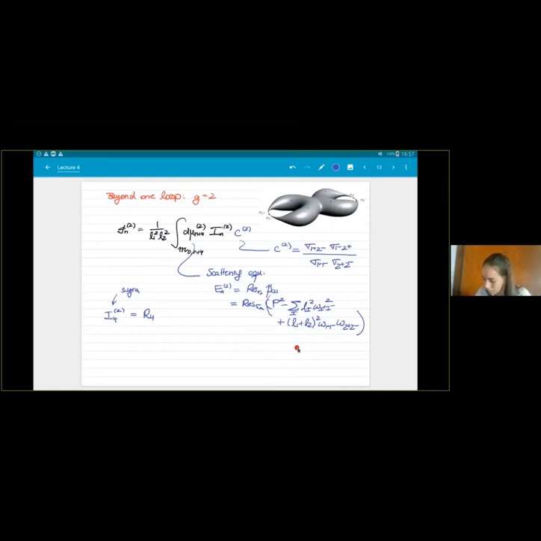So the tree sugra amplitude has the form of 4 over S12, S14, S13, so that defines it, but it's also straightforward to write this down.